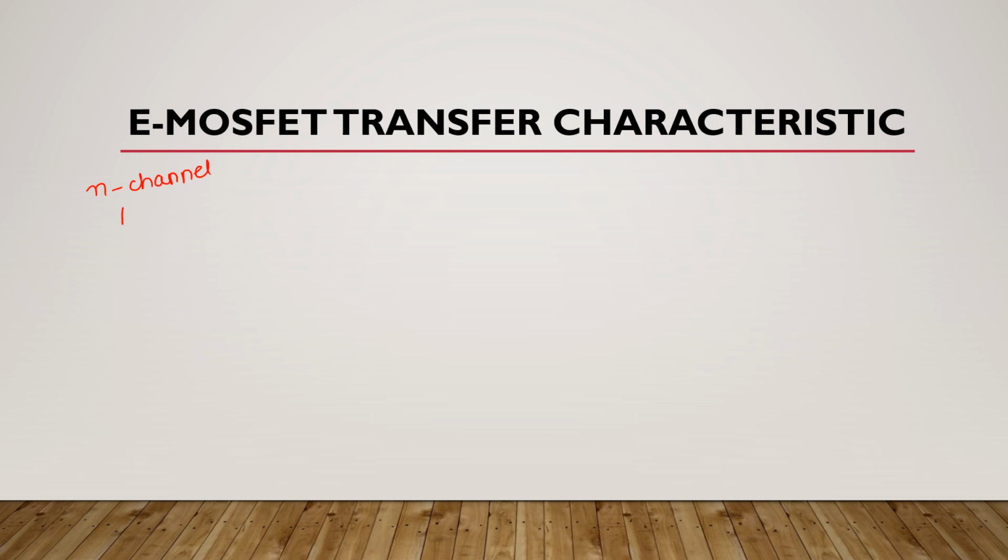So here the IV characteristic curve will be like this, where the variable of y-axis will be drain current and the variable of x-axis will be positive gate to source voltage, and here the curve will be like this. Now this point is threshold voltage.